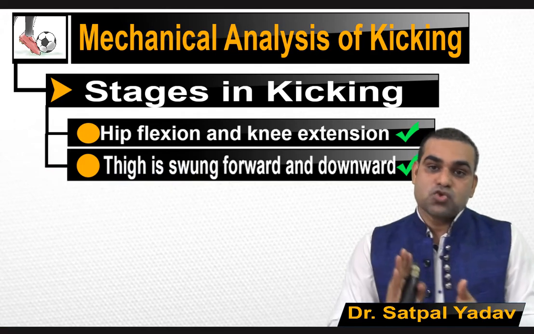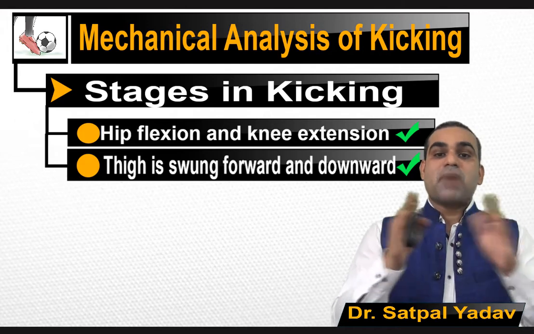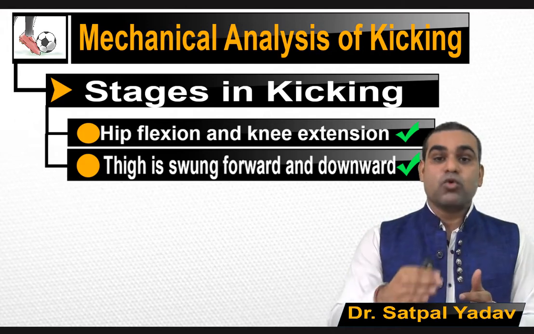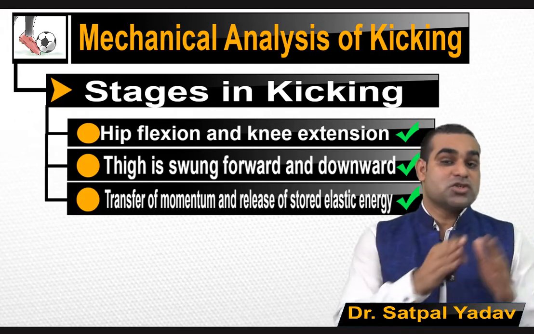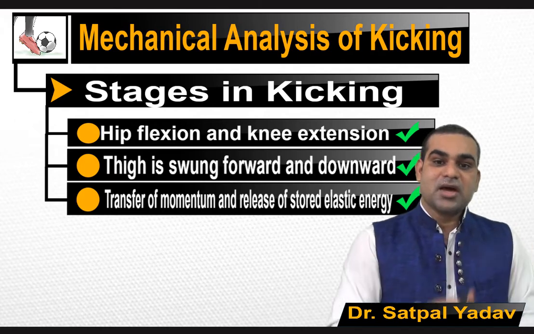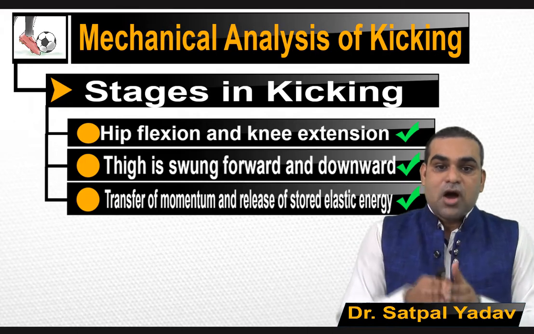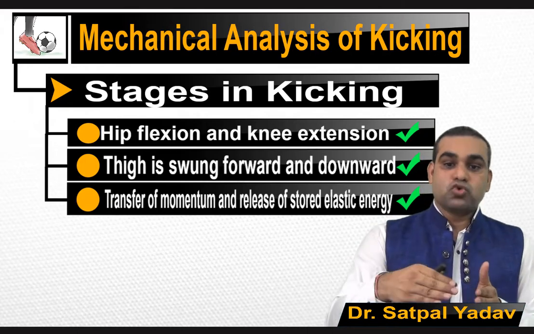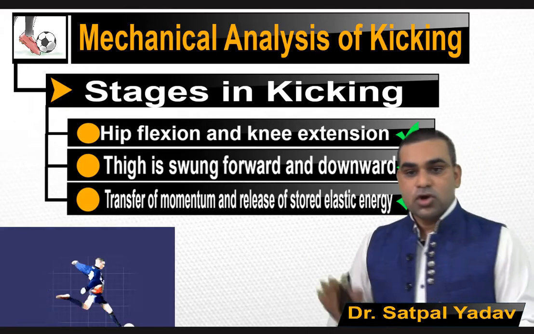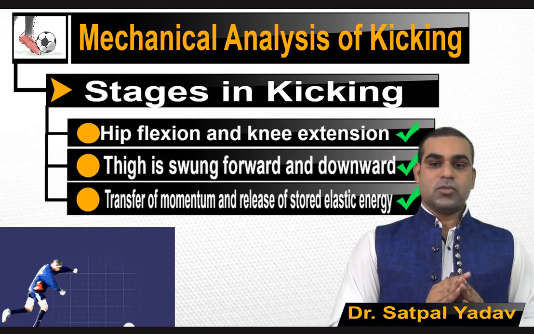The leg then begins to accelerate due to the combined effect of the transfer of momentum and the release of that stored elastic energy in the knee extension. The knee extension helps powerfully contract to swing the leg and foot towards the ball.